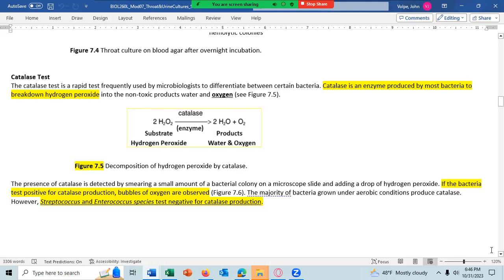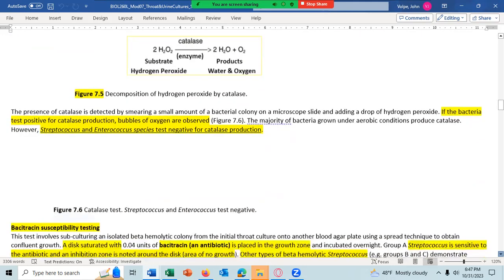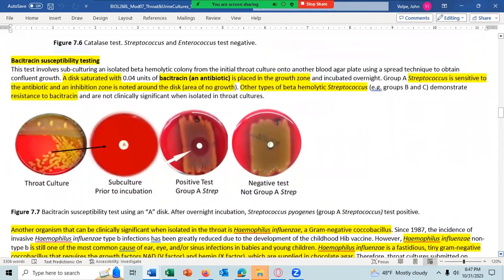You then run the bacitracin sensitivity test, and what you do is you take the bacteria from the blood agar and streak it in this region of another blood agar plate, and then after about 5 minutes of streaking the bacteria, you add a disc containing bacitracin, and then you put the plate in the incubator, incubating it upside down for about a day, no more than 2 days.